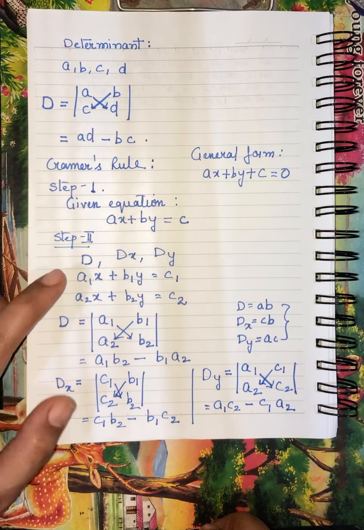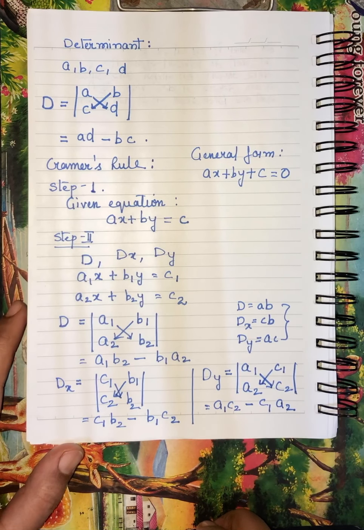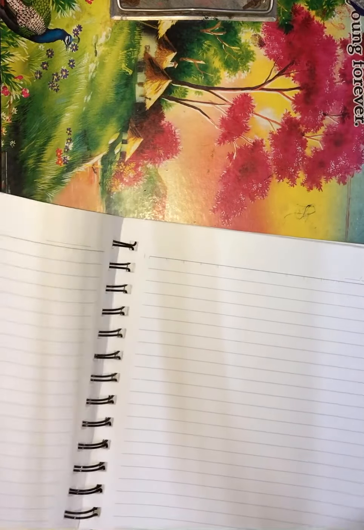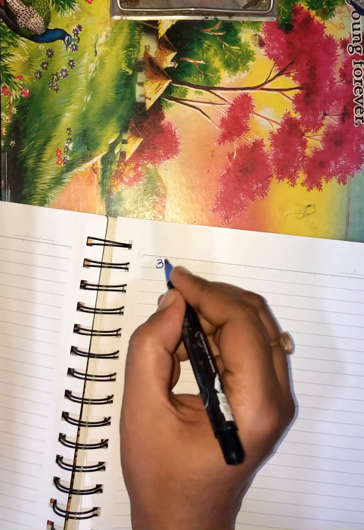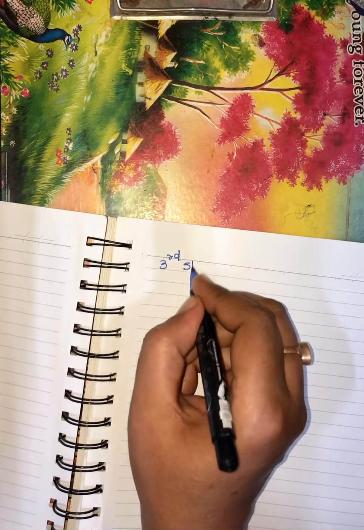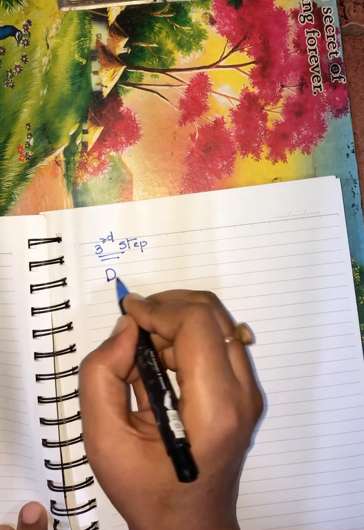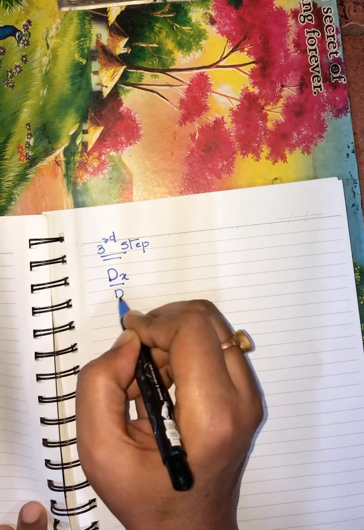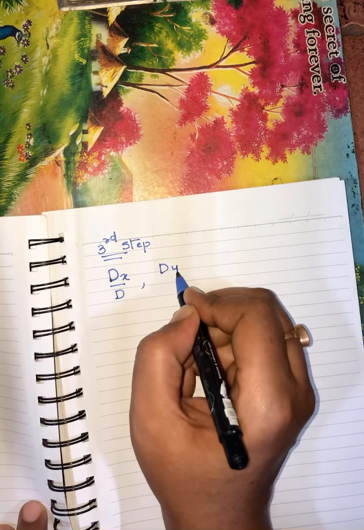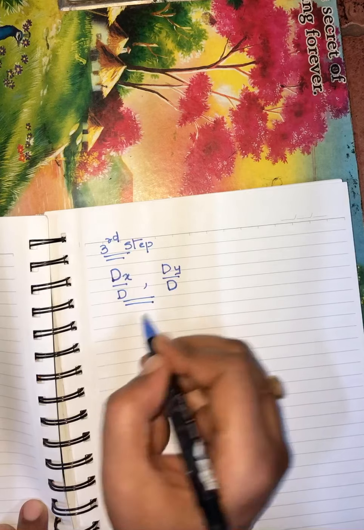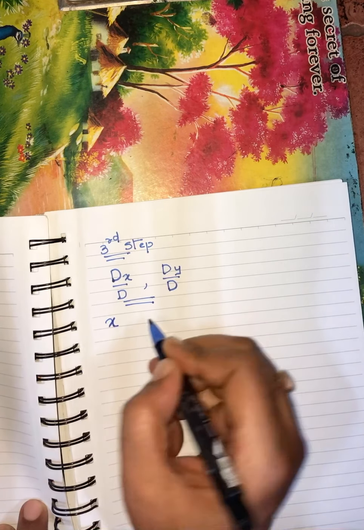These are the second step, and the third step to be followed is dx upon d we have to find, and dy upon d again we have to find, and from these two we have to find the value of x.